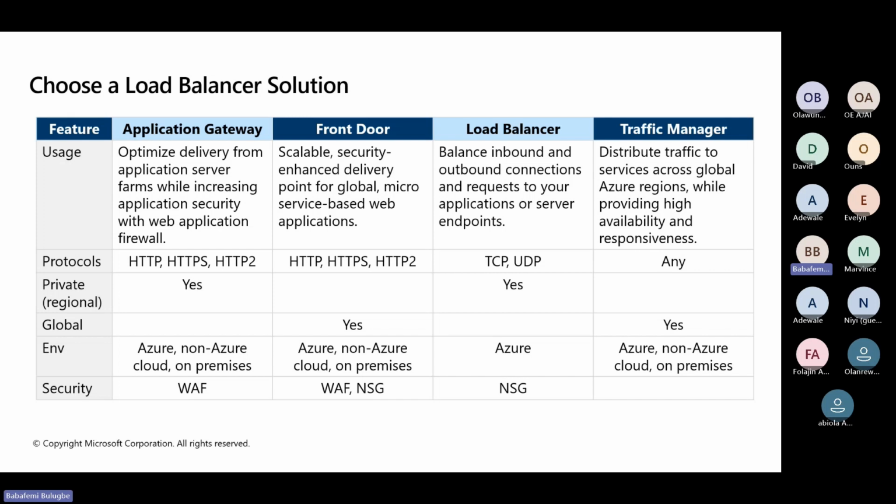So the only difference here is what protocols do they work with? Are they global, or is it just regional based? What environment can you use this with? And do any of these resources come with security options and the like? And that's what you can see here.